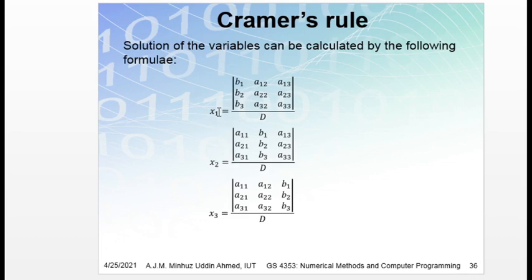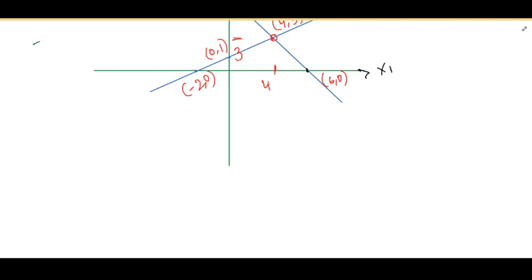So for each of the variables we can easily calculate using this technique. That is Cramer's rule. It is very well known to you, so I will not give much emphasis on that. I will just solve a math problem regarding it, so that it will be easier for you to understand.